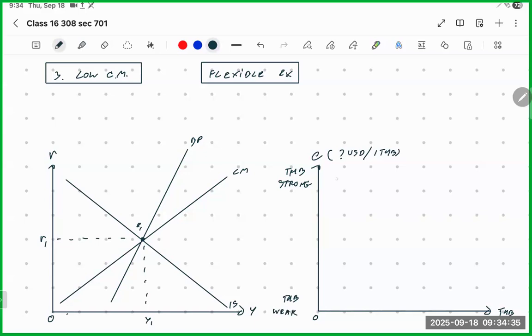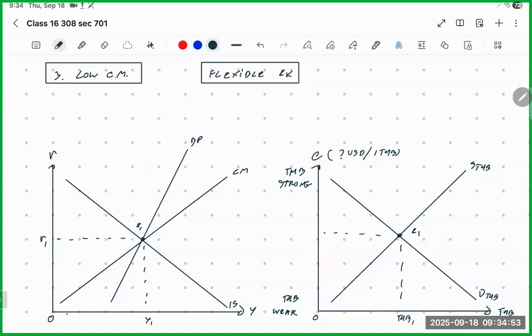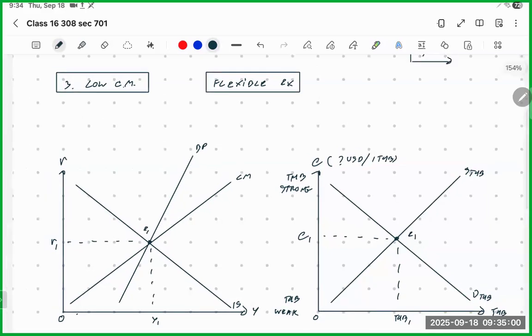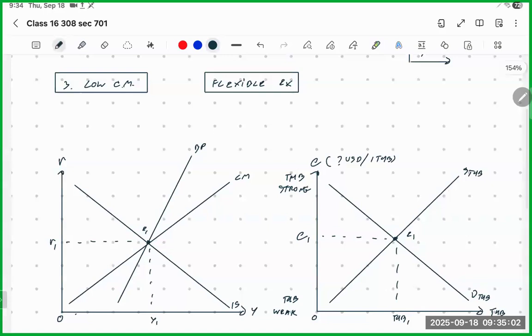We have demand for Thai baht, which is how people want to buy Thai baht, and supply of Thai baht, which is about selling Thai baht. We have the equilibrium point E1, with THB1 the quantity of Thai baht in the market and E1 the nominal exchange rate. This is the starting point.